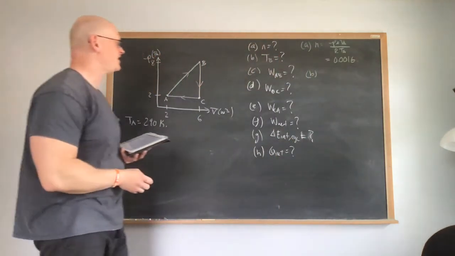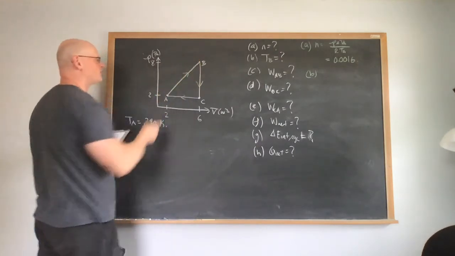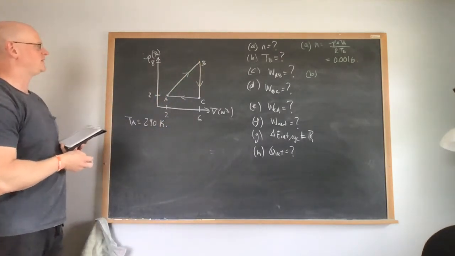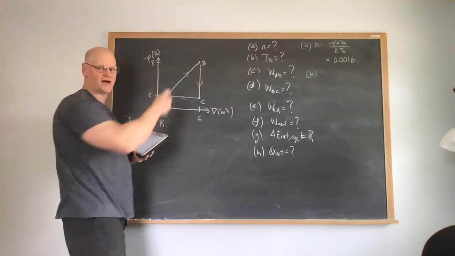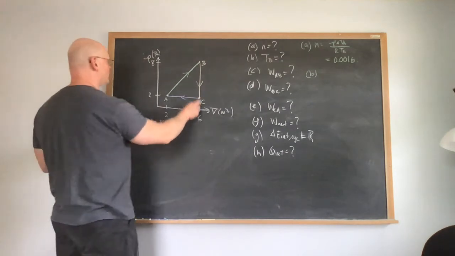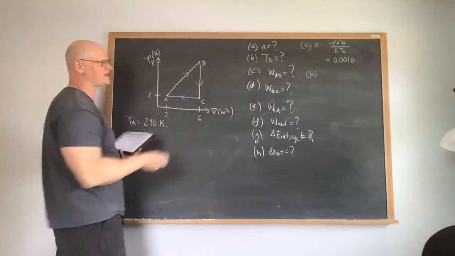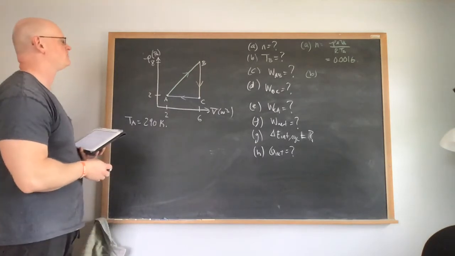For part B, since this is an ideal gas in thermal equilibrium, and this is also in thermal equilibrium, we know that up here this also has to satisfy the ideal gas law. Here we know the volume, we know the pressure, we now know the number of moles, so we can use the ideal gas law to solve for the temperature.